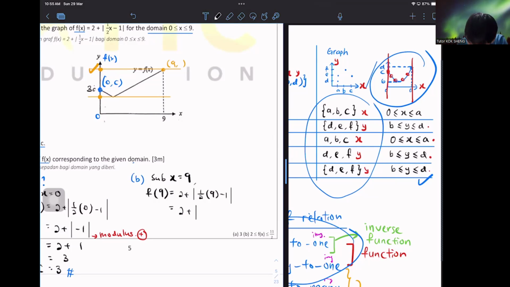You get 7 over 2. Again, the modulus makes it positive, so after you open the modulus, it is also 7 over 2. So 2 plus 7 over 2, you get 11 over 2.